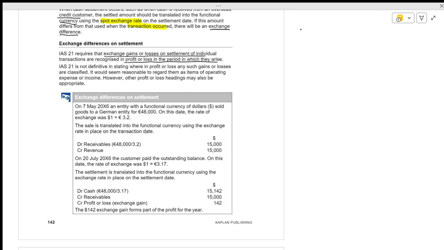IAS is not definitive on this. On the specific point of where such gains or losses are classified in profit or loss, it would be reasonable to record them as an operating expense or income.